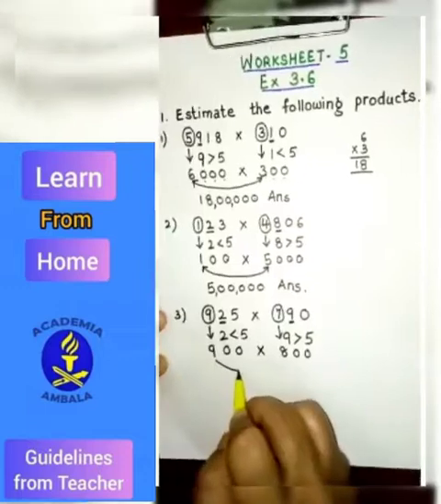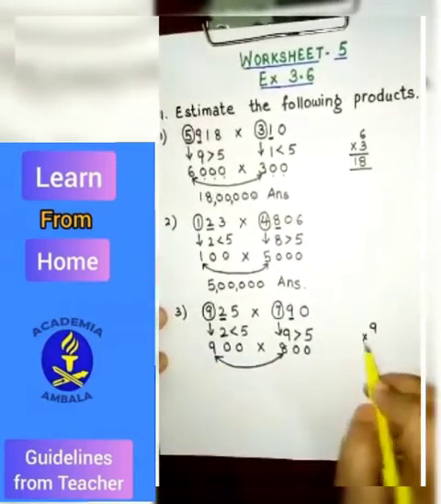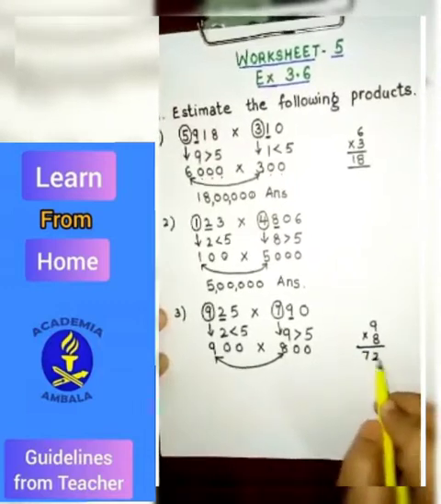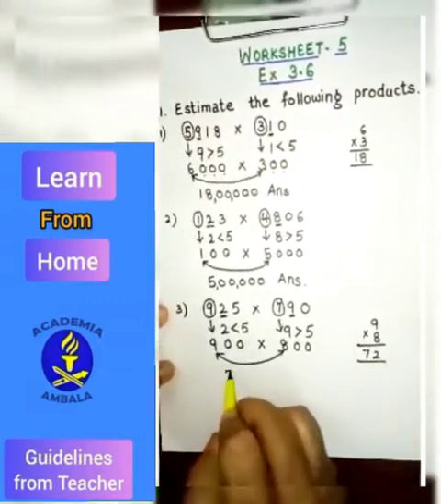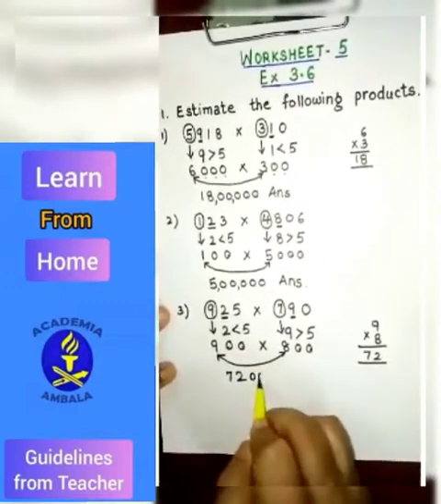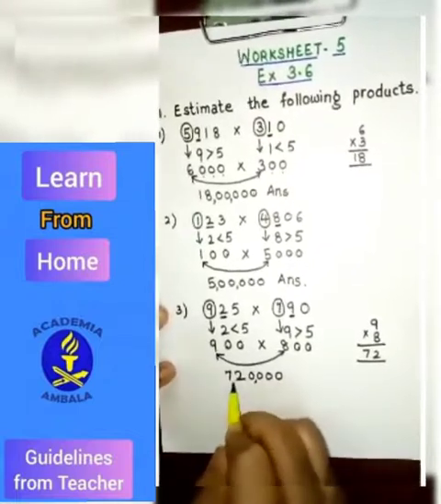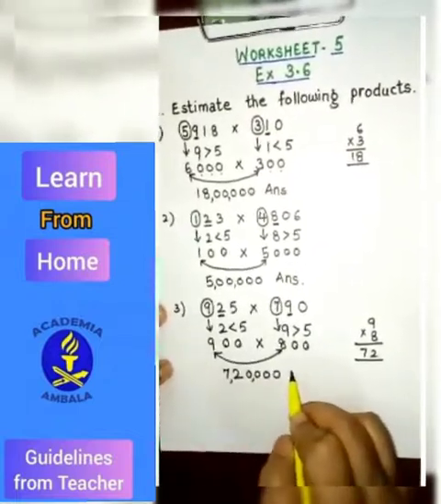So when you are going to multiply this, these two digits, 9 multiplied by 8, it gives you 72. 72 can be written here, and there are 4 zeros. So when you are writing down the zeros, after that put commas. It is 7,20,000.